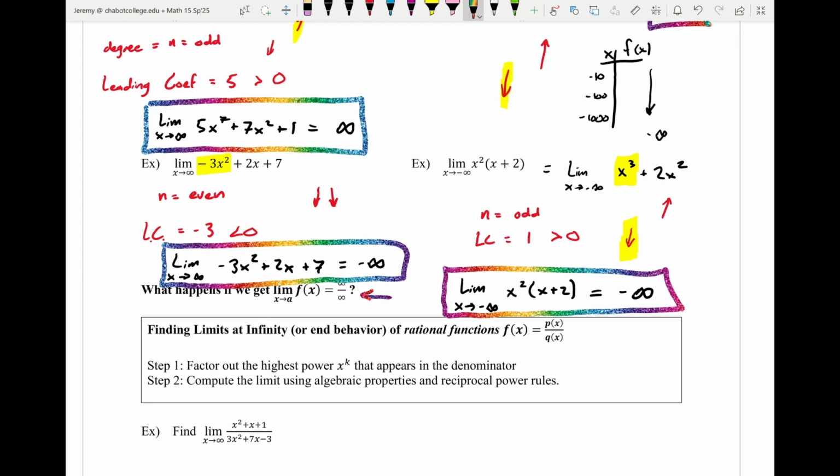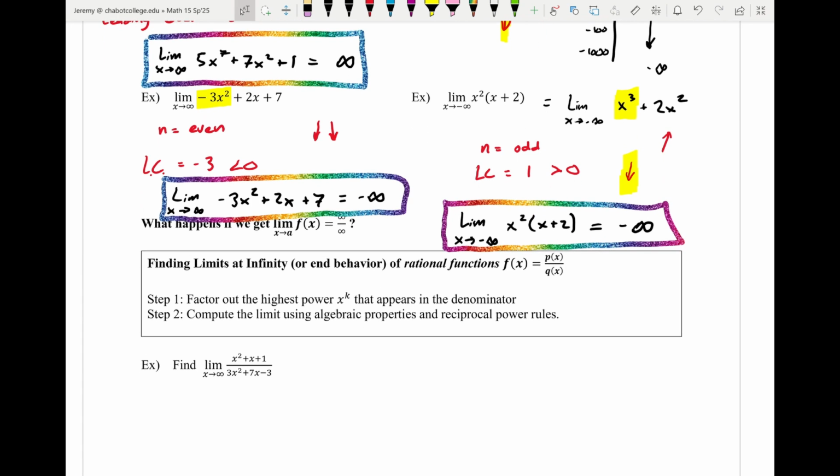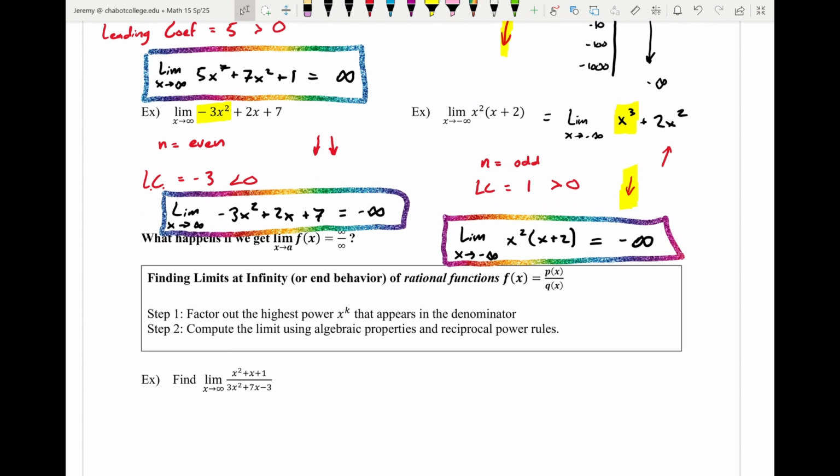Because the denominator is going to infinity, and in the past when we saw that, we thought, this number must be getting really, really small, if the denominator is getting really, really big. But what if the numerator is simultaneously getting really, really big? So how do we deal with that? That's what we're going to look at next: finding limits at infinity, or end behavior, of rational functions. That's what this is going to come down to.